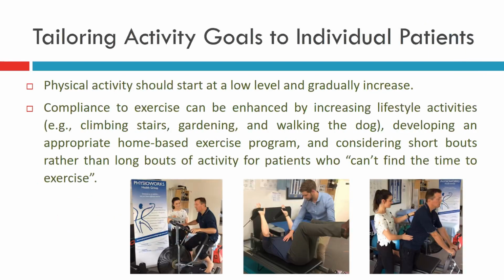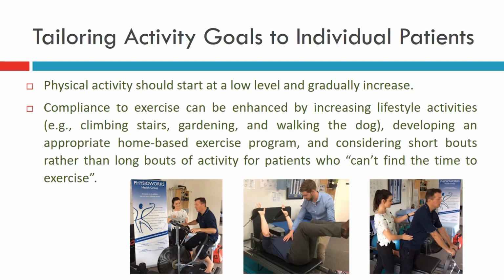Next one is tailoring activity goals to individual patients. The physical activity should start at a low level and gradually increase, and you should find out which type of activity is physically possible for this patient and the barriers that can prevent a successful increase in activity.